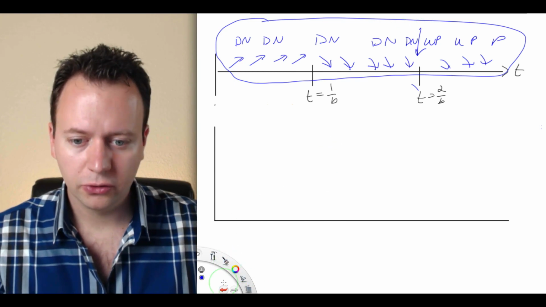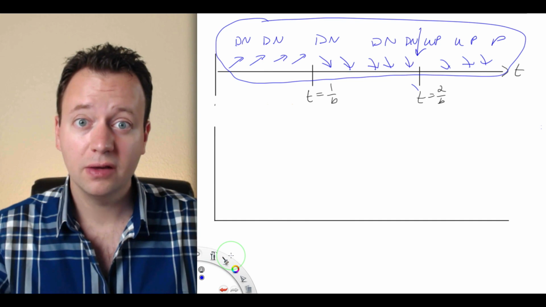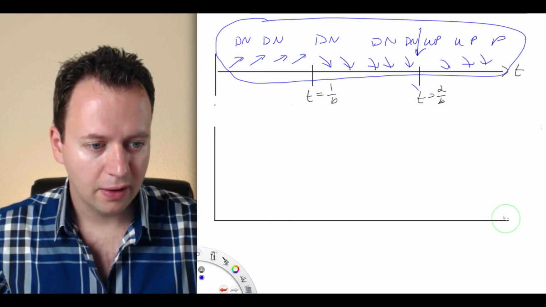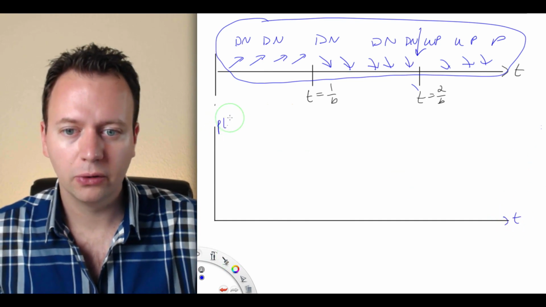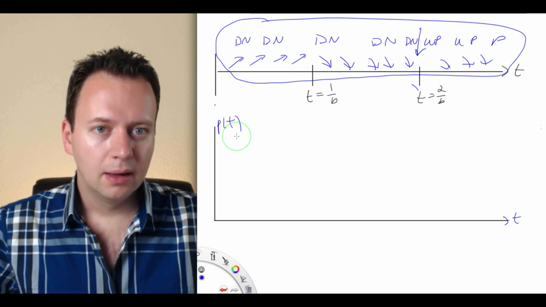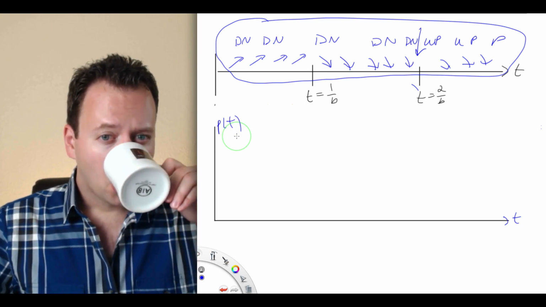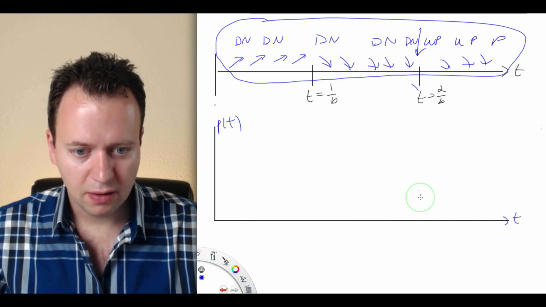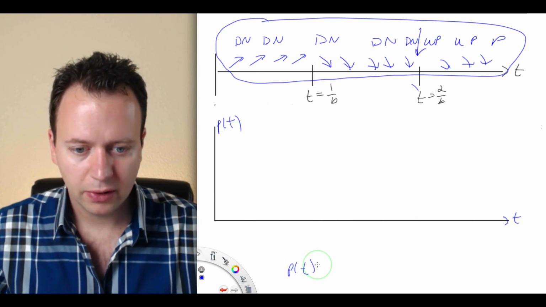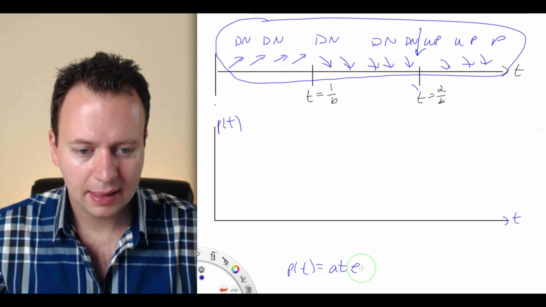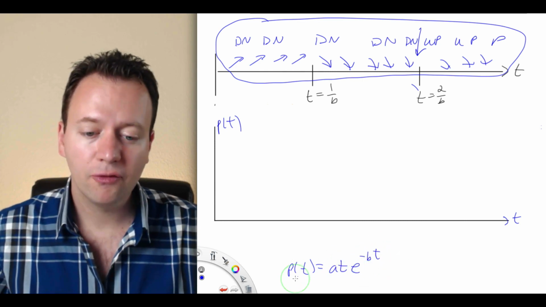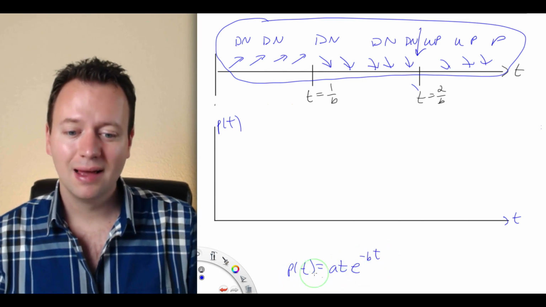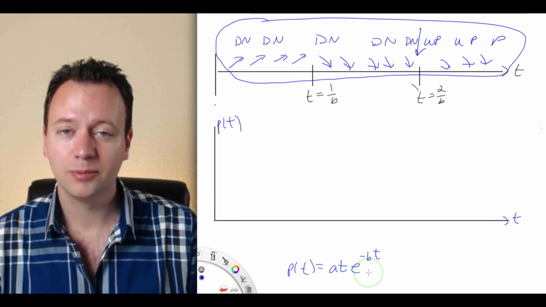All right, so to draw the graph of p of t, here we have the t-axis, and then we're going to graph p of t. Let me just rewrite p of t down here. P of t was a t e to the minus bt. We'll note that for positive values of t, p of t is always positive.